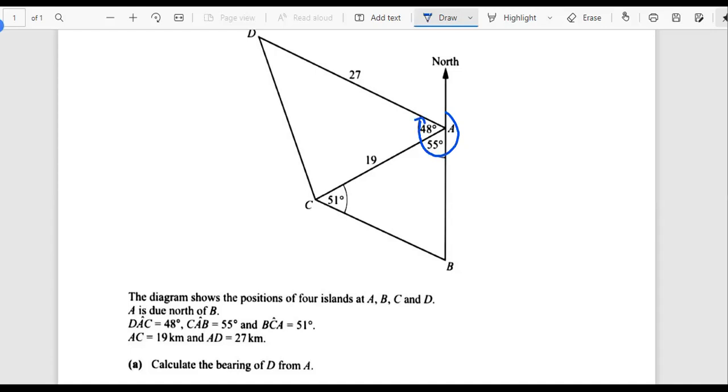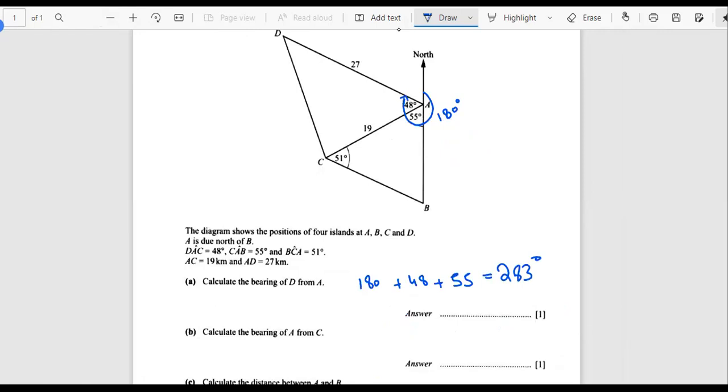So this angle is 180 degrees. The total bearings would be 180 plus 48 plus 55, and that is going to give you what? Yes, 283. This is the answer for the first part. Turhan, did you understand this?